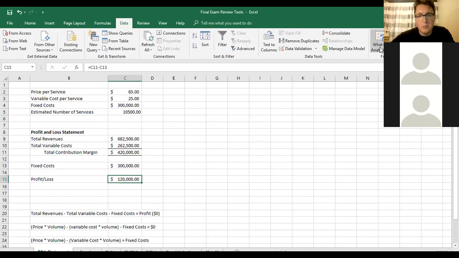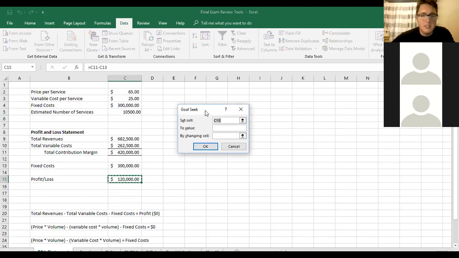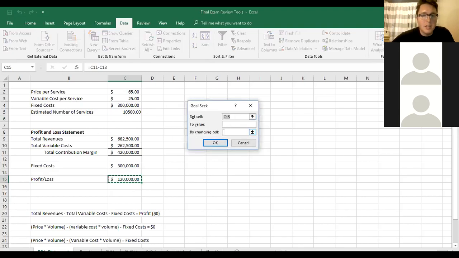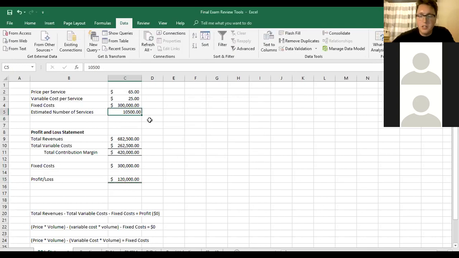Now, if I'm trying to solve for the price, all I need to do is change the cell that I'm editing. So let's say that I have a very good educated guess, based on statistics and what we're expecting in the forecasted quarter or period, that I'm going to have 8,000 of this service.